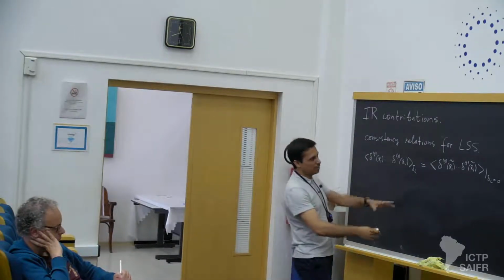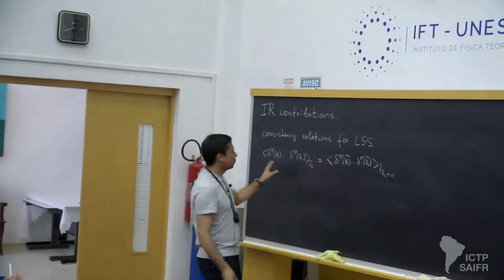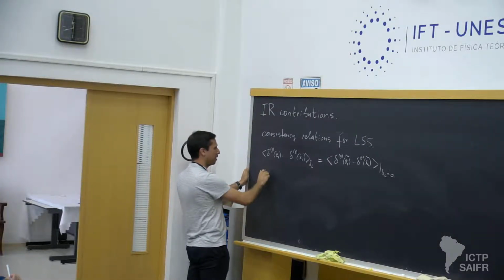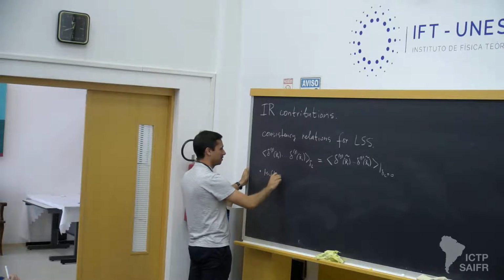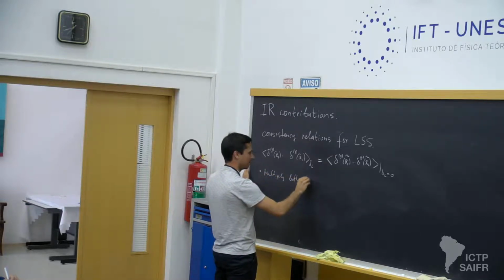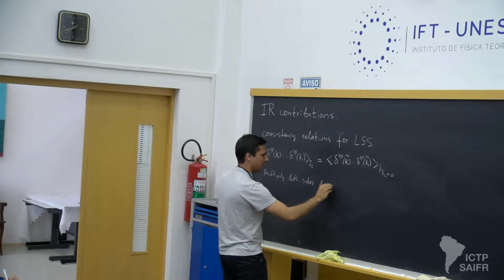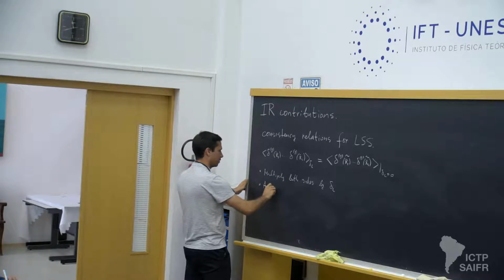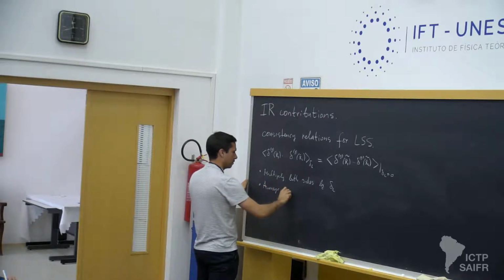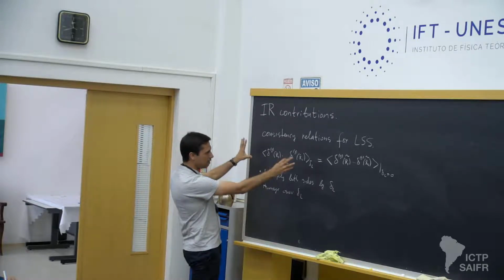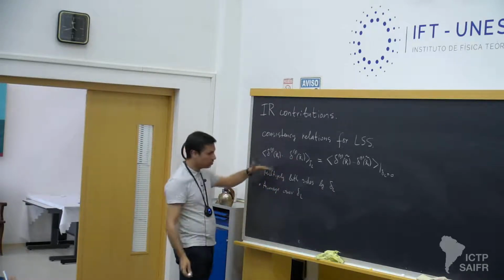And now there is some algebra here. So the first step is to multiply both sides by delta long, then average over delta long. On the right-hand side, when you do this, you're going to get the n plus 1 point function.